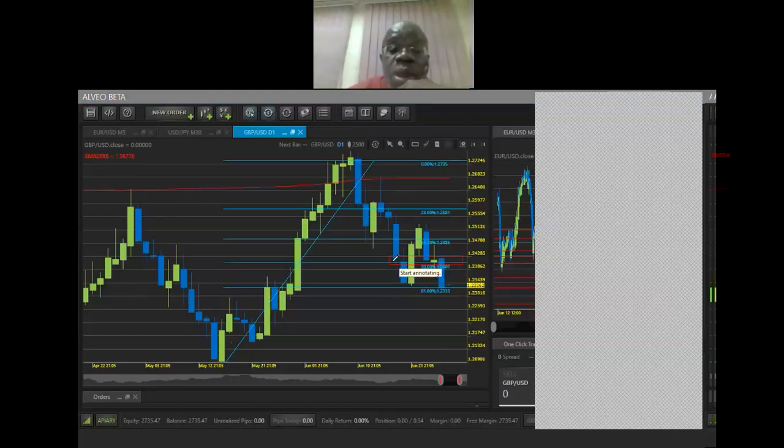Okay, this is what I mean. 50 is a zone. This is 38.5 there. But more importantly, this is a more important zone, the 23 area and 61.8. So if you are trading this, I would take profit on each of these zones.